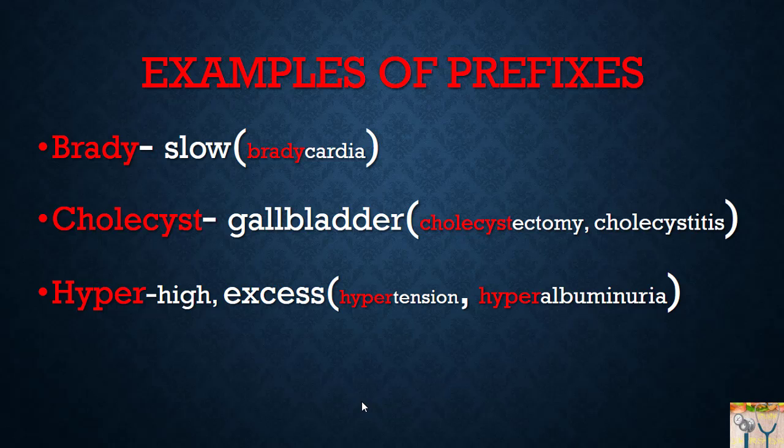Examples here are cholecystectomy, that is the removal of the gallbladder, and cholecystitis, that is inflammation of the gallbladder. Hyper meaning high or excess. Example, hypertension. Hyperalbuminuria, that is high albumin in the urine.